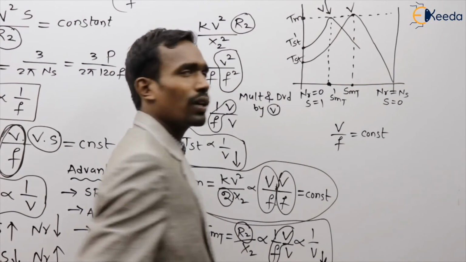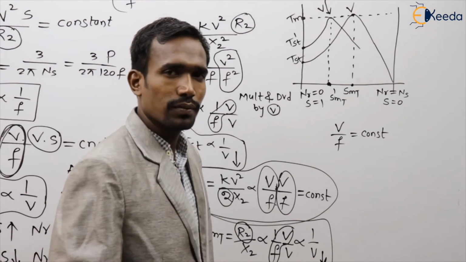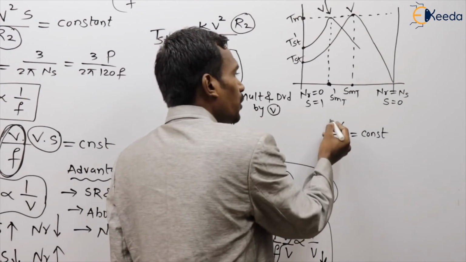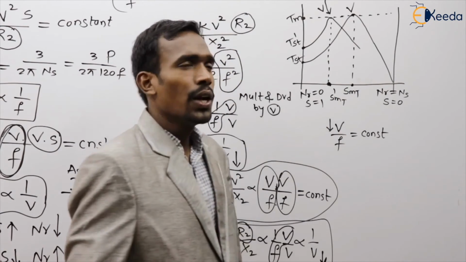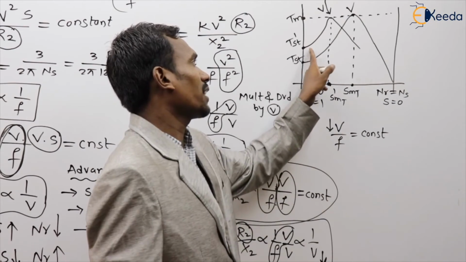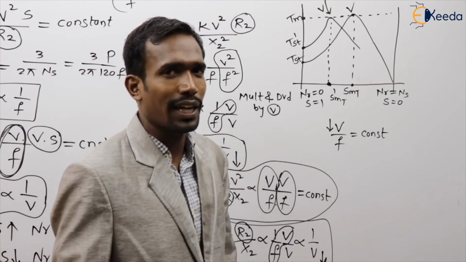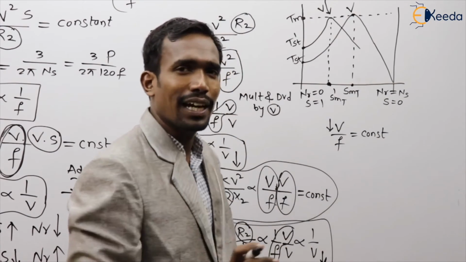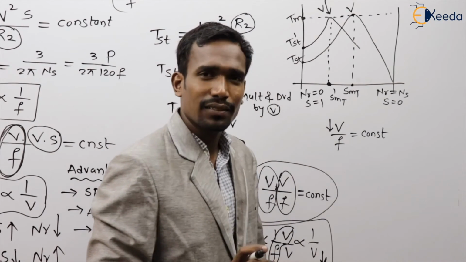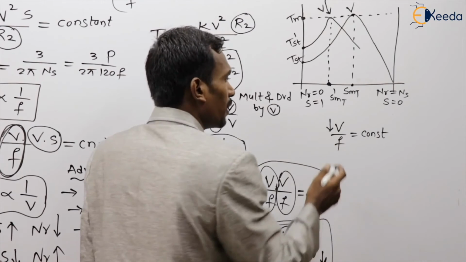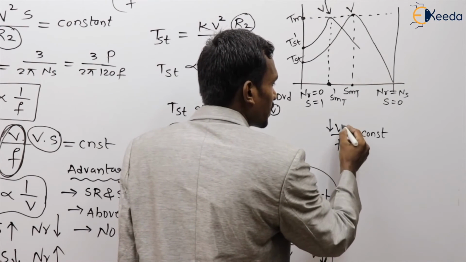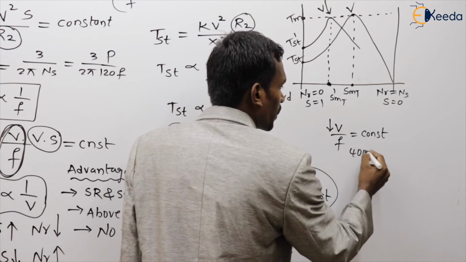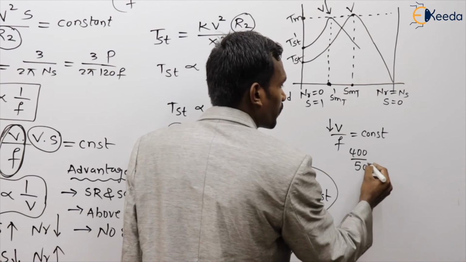If we draw the 100% correct answer, I told you voltage and frequency should be constant, V by F ratio constant. Here voltage reduces. If voltage reduces, to get the constant V by F, what about frequency? For example, initially my voltage is 400 volts and frequency is 50 hertz.